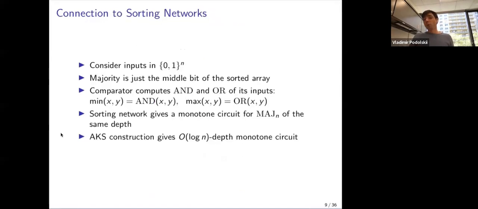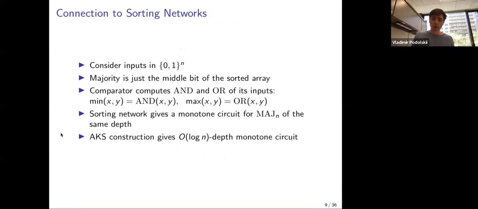First of all, I'm saying that this is a sub-problem. Why is this a sub-problem? Let's consider Boolean inputs in 0, 1. Then we can observe that the majority is just the middle bit of a sorted array.